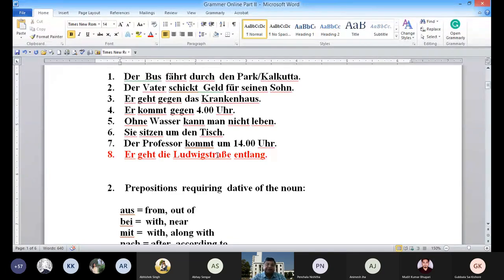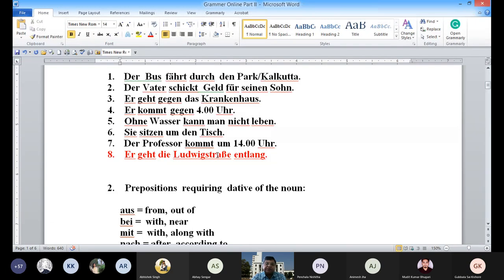So er geht, he's walking or he's going, die Ludwigstrasse, the Ludwig street. Ludwig is the name. Strasse means street. As we have lots of streets, like MK Gandhi Road, etc., similarly in Germany there are lots of names like this. Strasse means street. A number is also sometimes used.